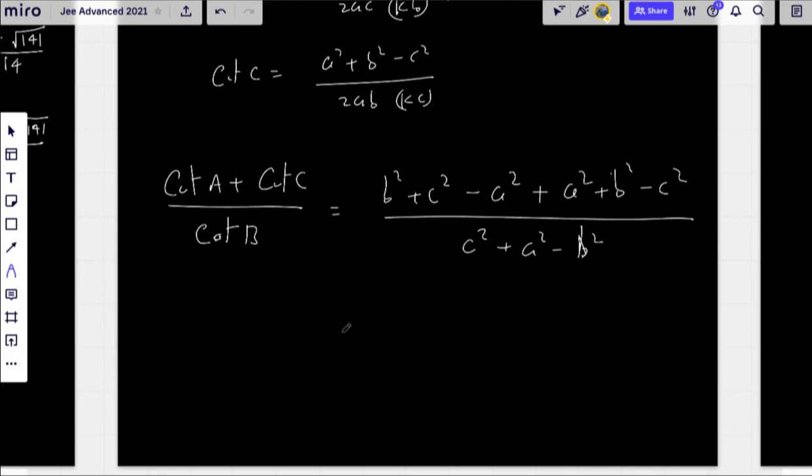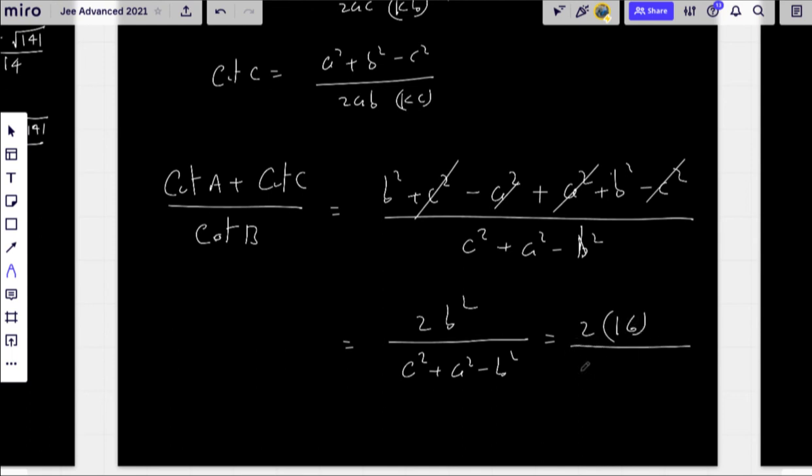Because all these terms of sine, this is cancelled. So substituting these values here, we get, as you know, c square is cancelled with c square, a square cancelled with a square. So that is 2b square upon c square plus a square minus b square. Okay. So when we substitute this here, 2 times b square, b is 4, so 4 square, that is 16.